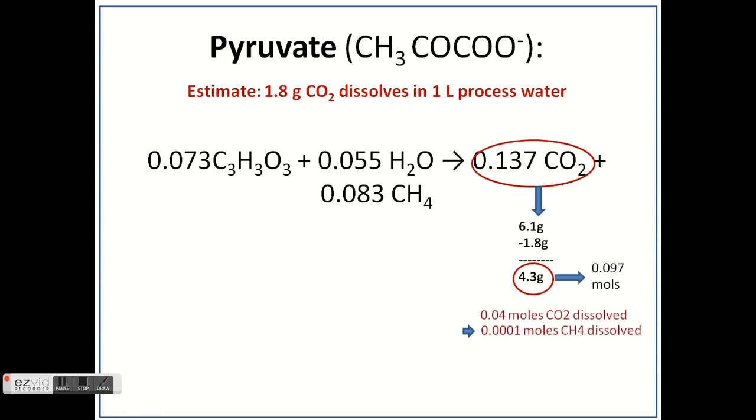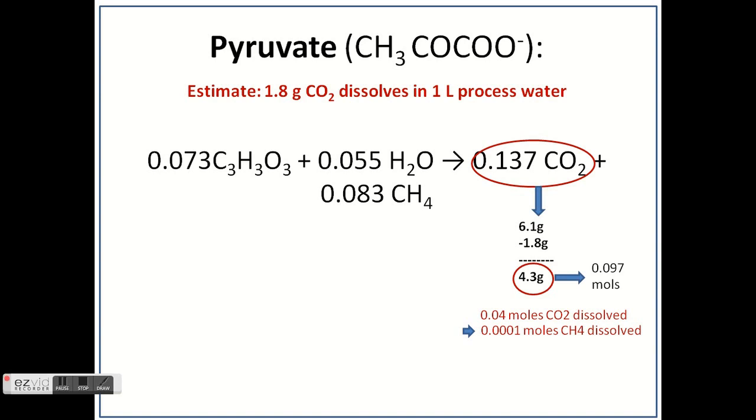This 4.3 grams is equivalent to 0.097 moles of CO2. So left in the headspace that will be collected, we have originally 0.137 produced, 0.04 dissolves in water, so we have 0.097 in the headspace.